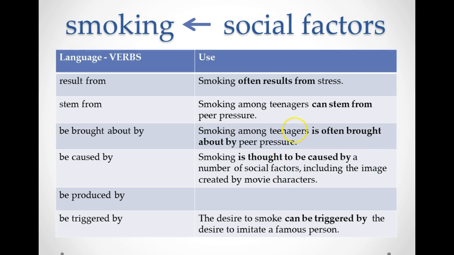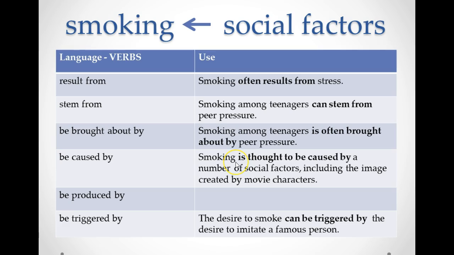The next one, be caused by. Now I could say smoking is caused by, but that's too certain. And you have to be careful in academic writing because many things can cause smoking. And they're not 100% sure why.